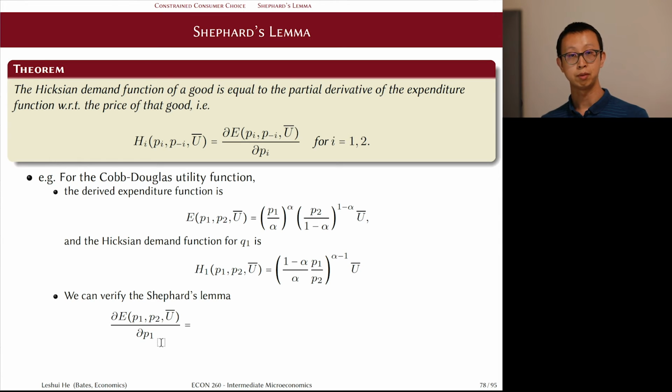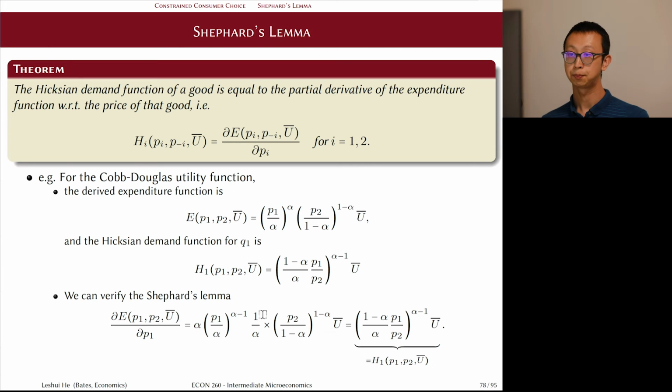Now, if we take a partial derivative of the expenditure function with respect to P1, the only term that is affected by P1 is just the first term. So the second term and u bar will just remain there as a constant multiplier. And to deal with the derivative, we'll just use the chain rule to find the derivative with respect to P1. Treating the inside ratio as a whole package, the derivative of the package raised to the power of alpha with respect to that package is just alpha times this package raised to the power of alpha minus 1.